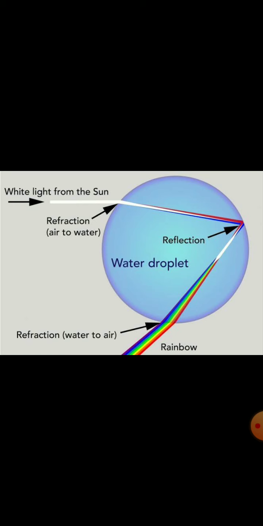Because the ray is coming out from the water medium to air medium, and because of change in the medium, again there will be bending of the ray of light. That is why again refraction will take place. And due to dispersion of light, observers will be able to see different colors.